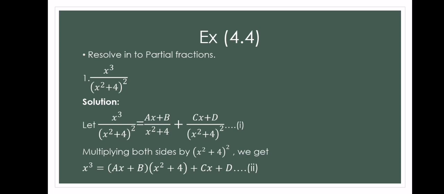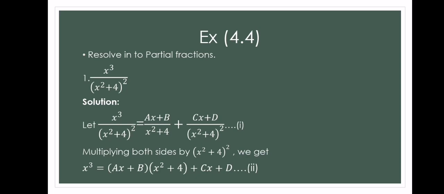We have been given the algebraic fraction as x cube whole divided by (x square plus 4) whole square. Here you can easily observe that the fraction given to us is a proper one. It is not an improper fraction, so we directly start resolving it into its partial fractions. The thing which you will have to keep in your mind is the repeated factors and non-repeated factors.